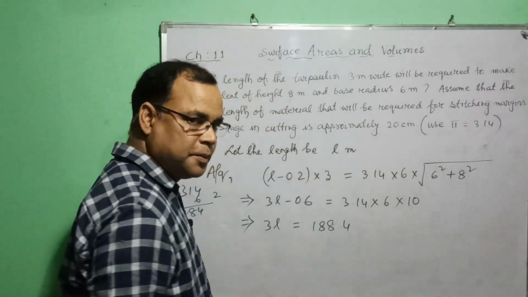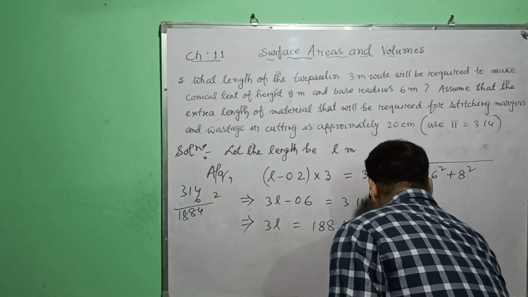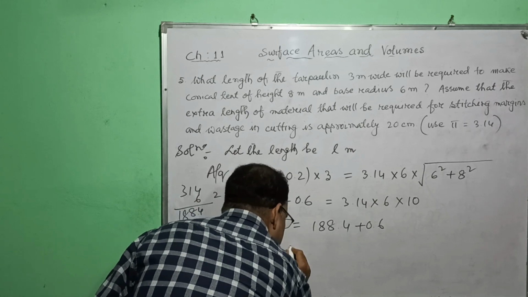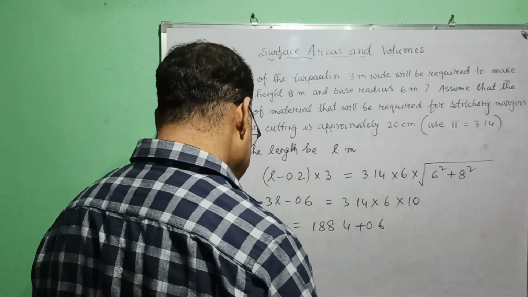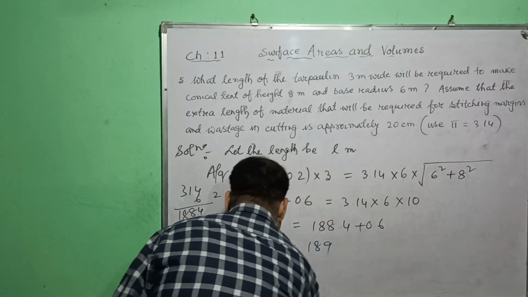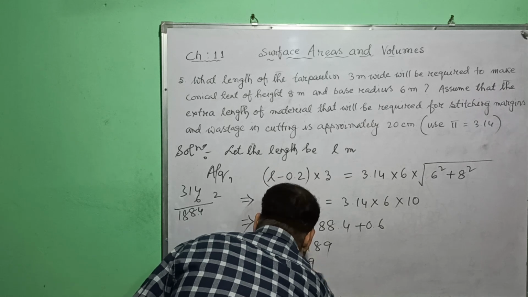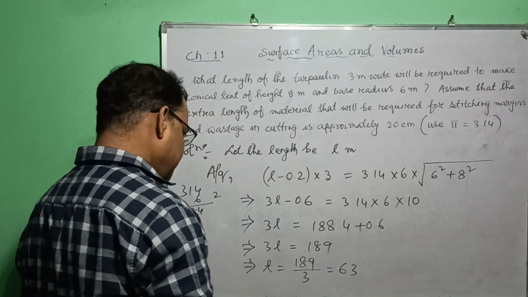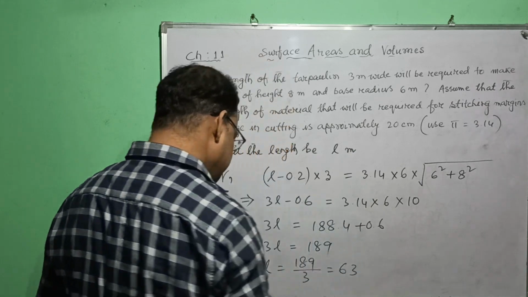Then here 0.6 is there, so after changing the side it will be plus 0.6. This implies 3L equal to 188.4 plus 0.6 equal to 189. This implies L equal to 189 by 3 equal to 63. So this is L.